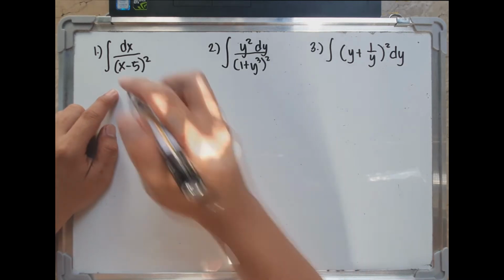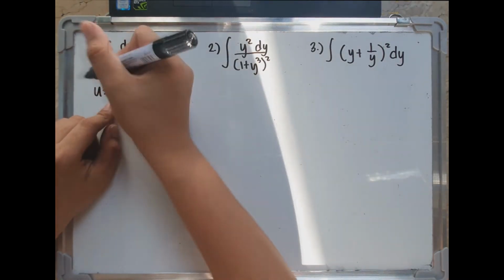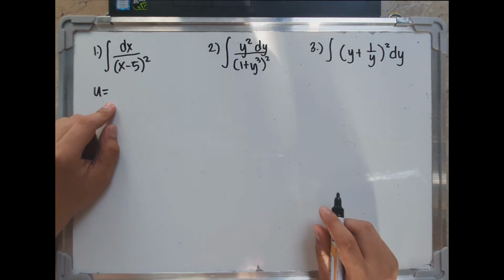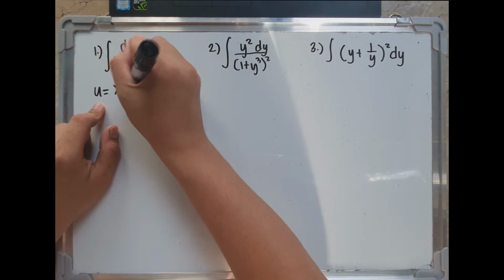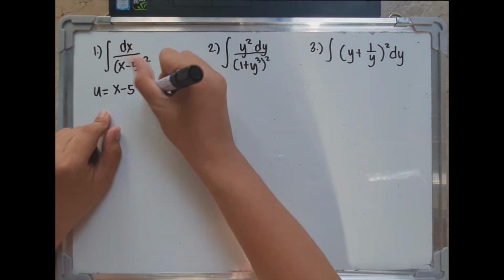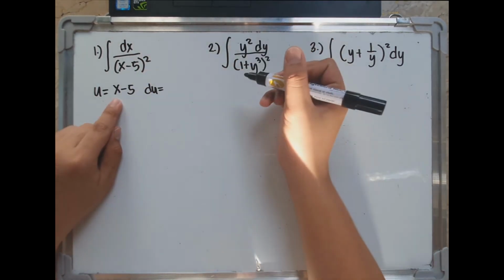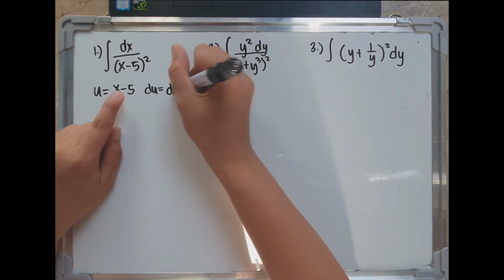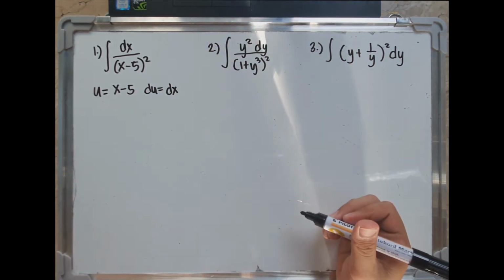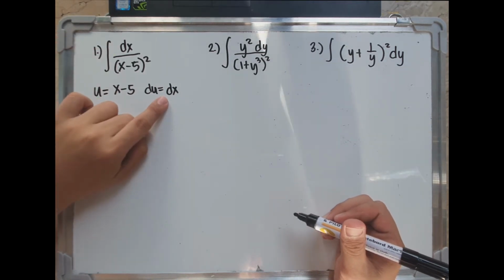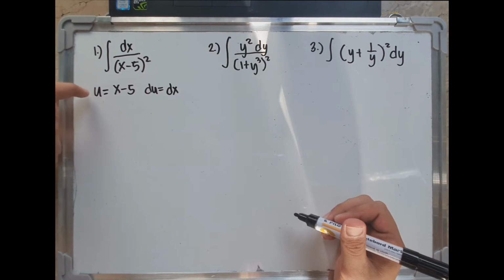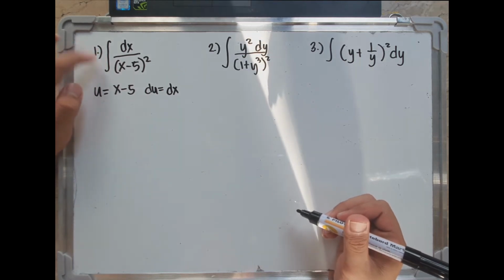We can choose the value of u as x minus 5, and then the derivative of u: the derivative of x is dx, the derivative of 5 is 0. If you look at the numerator, we have the dx. So we could replace the value for the u and for the value of the du in our problem.